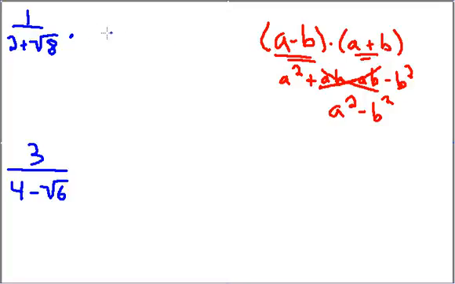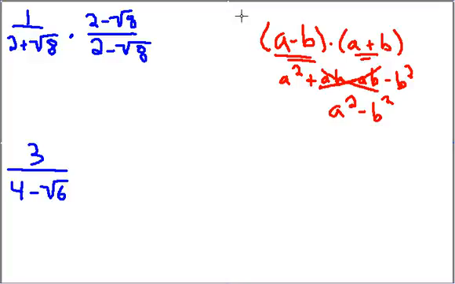A minus B. What's the A? The A is 2. What's the B? The B is radical 8, but this time it's going to be a minus radical 8. So we're going to multiply both the top and bottom by 2 minus radical 8.